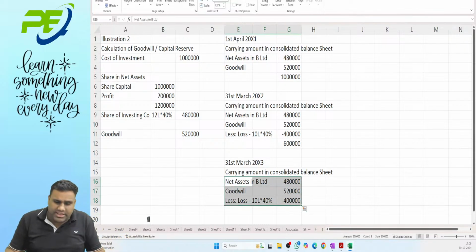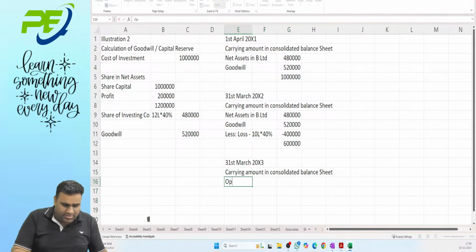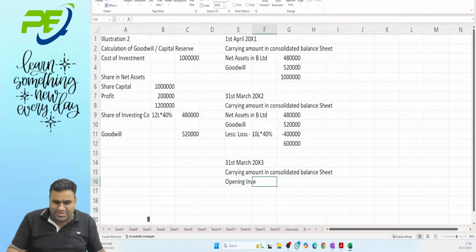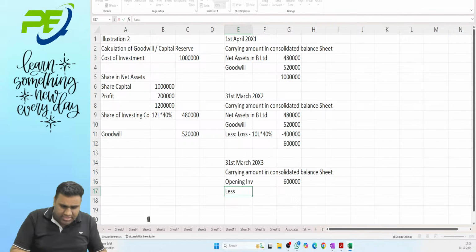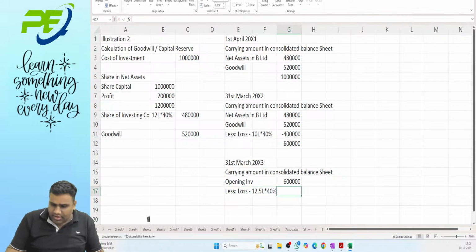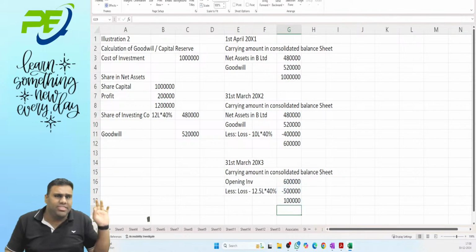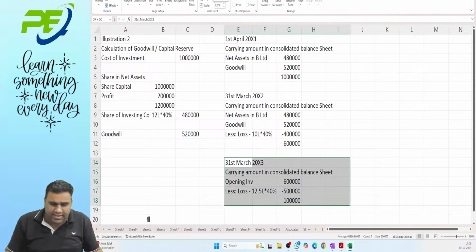I'll not do anything. I'll write opening investments, 6 lakhs. Less loss: next year's loss is 12.5 lakhs into 40%, minus 5 lakh. So 1 lakh is the carrying value.